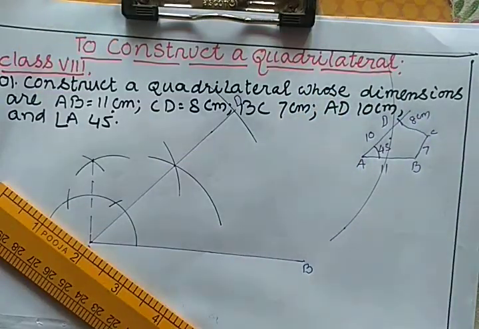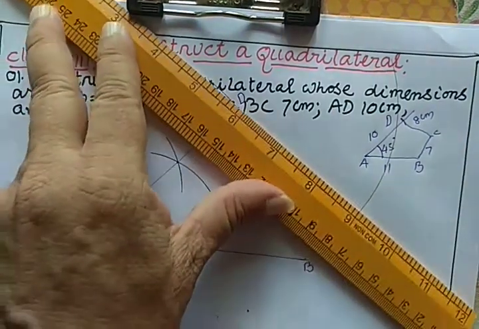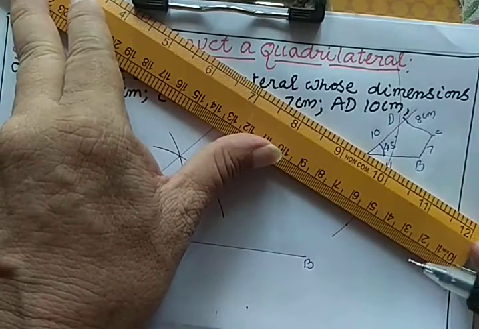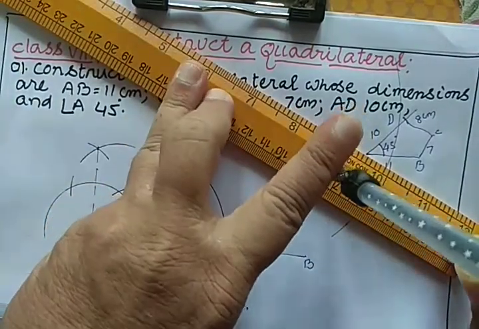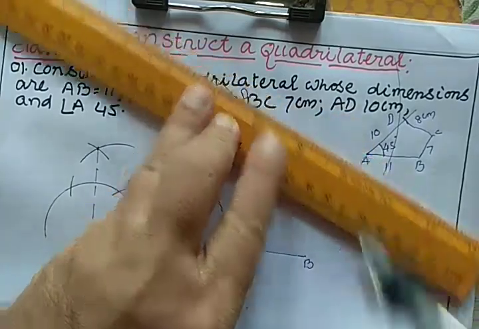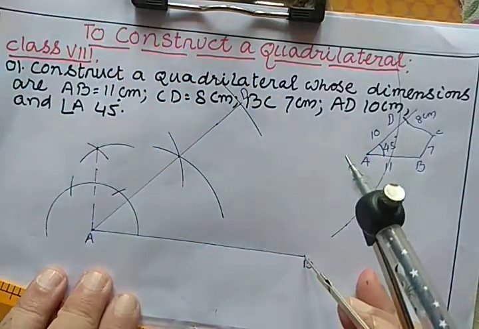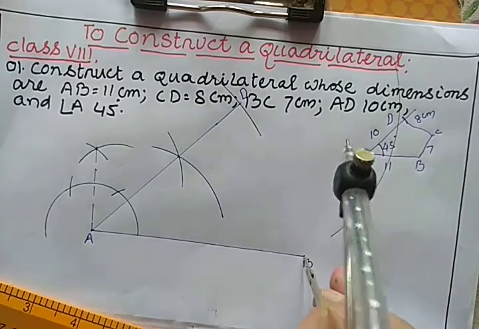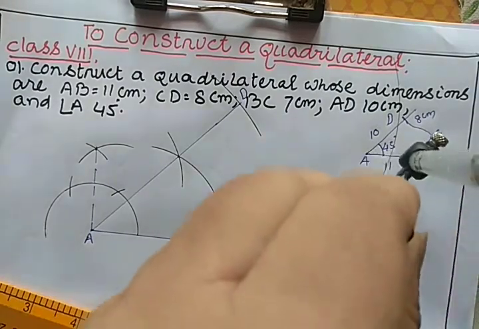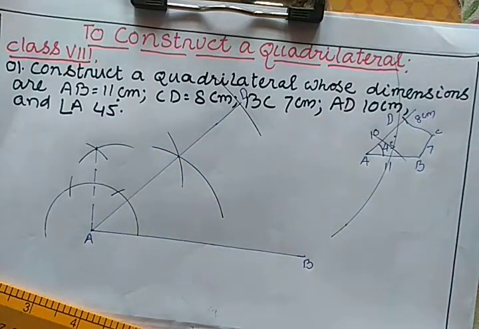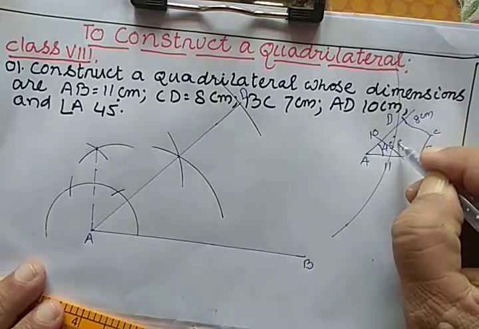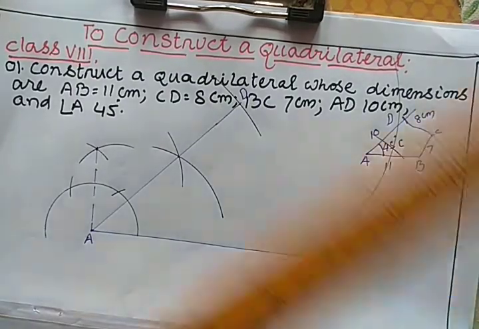Now, BC is given 7 centimeters. Now again I measure 7 centimeters. Clear? And from B I take another arc and I check where these two arcs meet. And this meeting point will be your C.